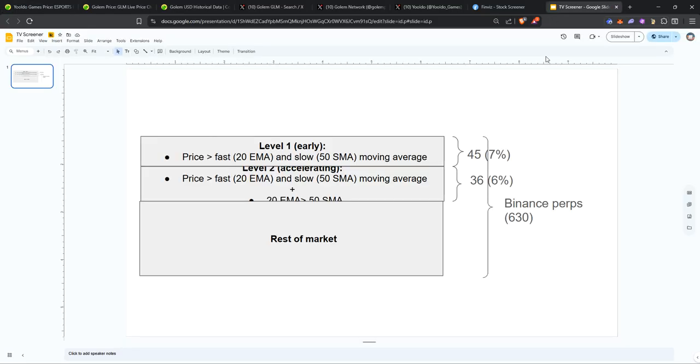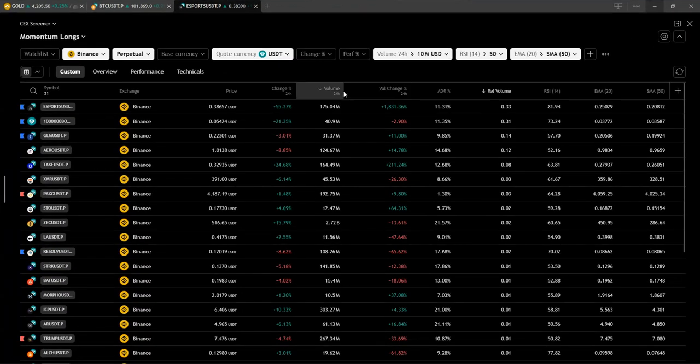So we use it to look at market breadth, being the percentage of how many coins are moving up, driving the total market up or down, to understand whether we're in a risk-on or risk-off environment. We then looked at shorting opportunities, and then just now looked at long opportunities. So that's the 3 use cases for this screener.